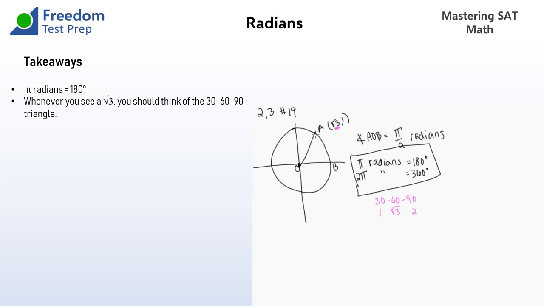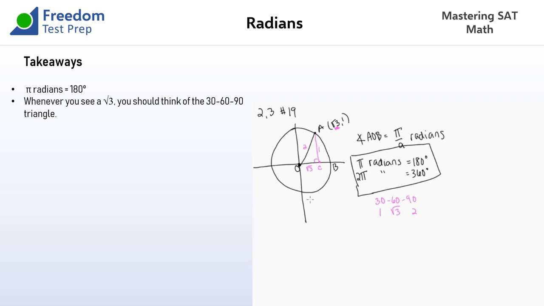So we drop a line, and we'll call this point C. We know that OC is going to be root 3, and AC is going to be 1 because of those coordinates. Because we've dropped a straight line, it's a right angle, so we know the hypotenuse, OA, is going to be 2.